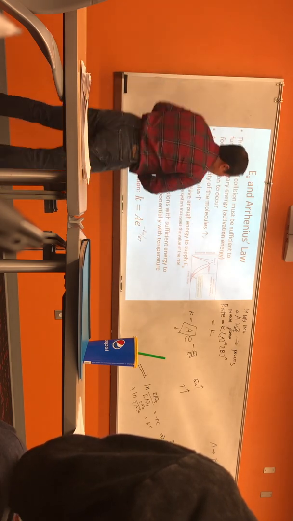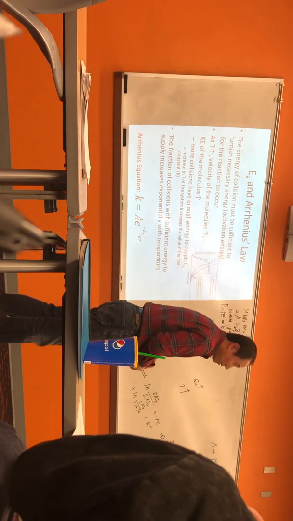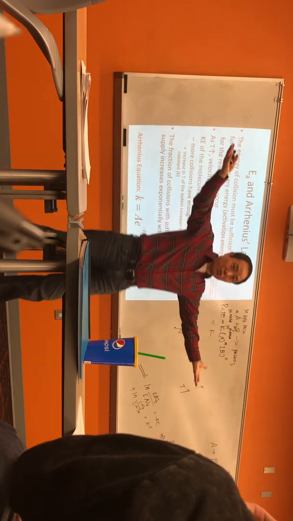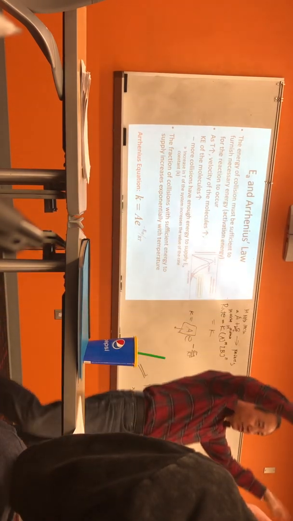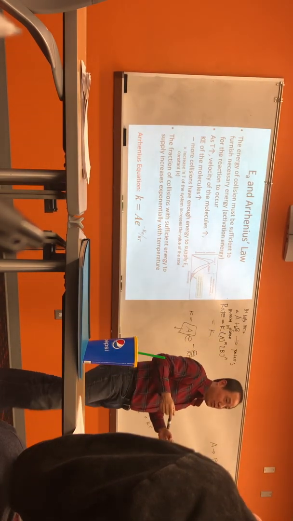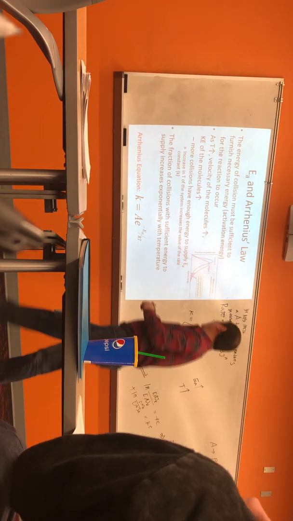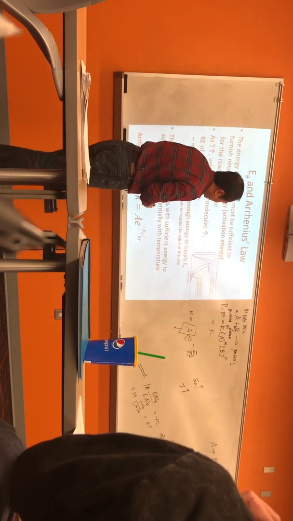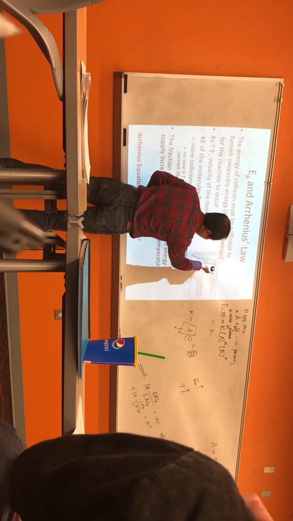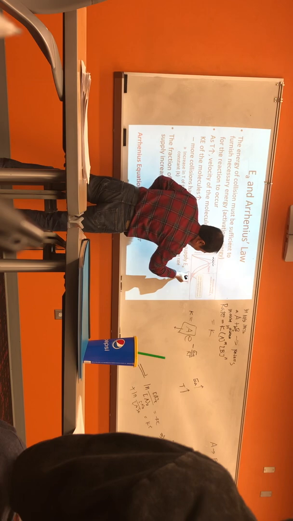Now I'm going to explain this graph a little bit. For a given temperature, like room temperature, you have lots of molecules here in the air. They move at all different speeds. Some molecules move a little faster, other molecules move slower. So if I draw this distribution at a certain temperature, this is kinetic energy.